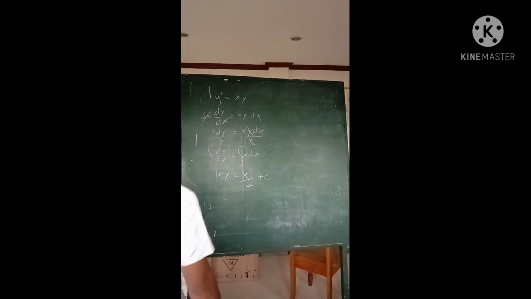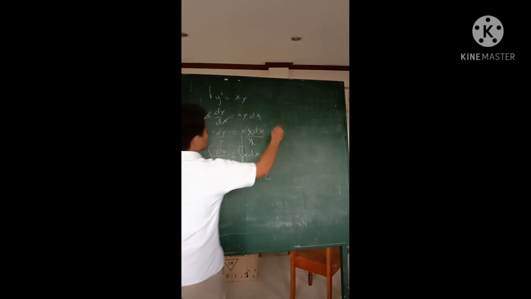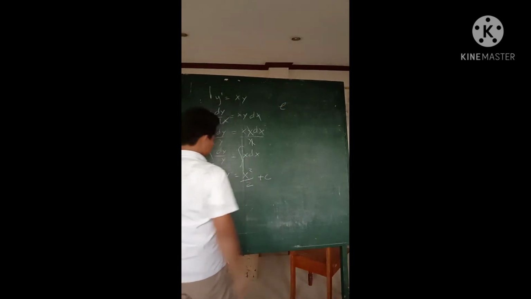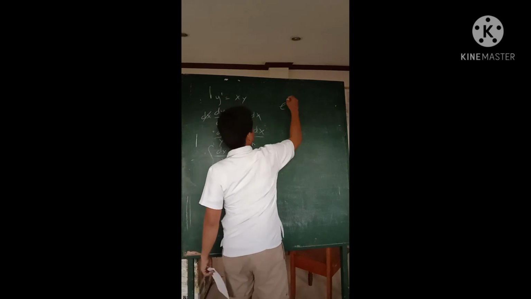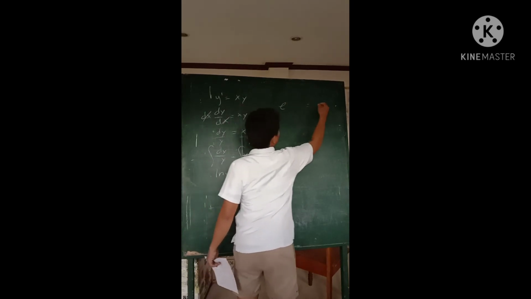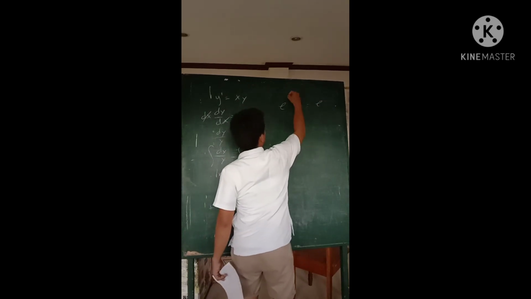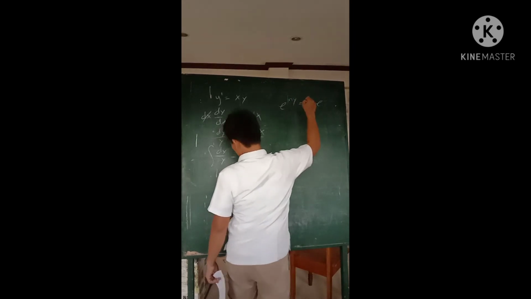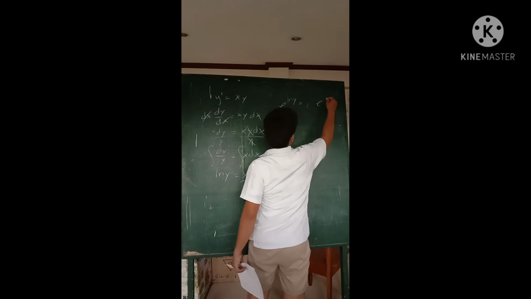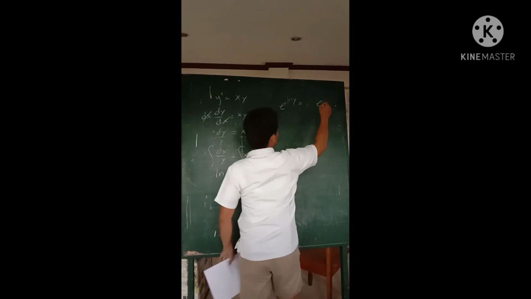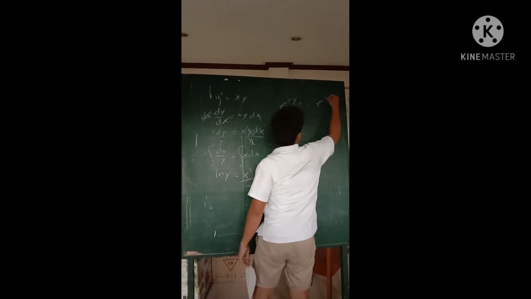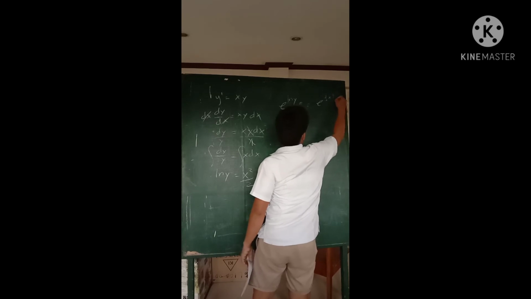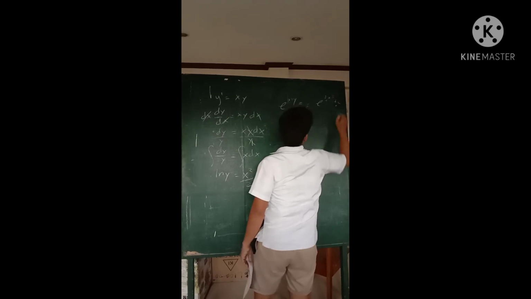Okay, so next, ln y equals 1/2 x squared plus c.